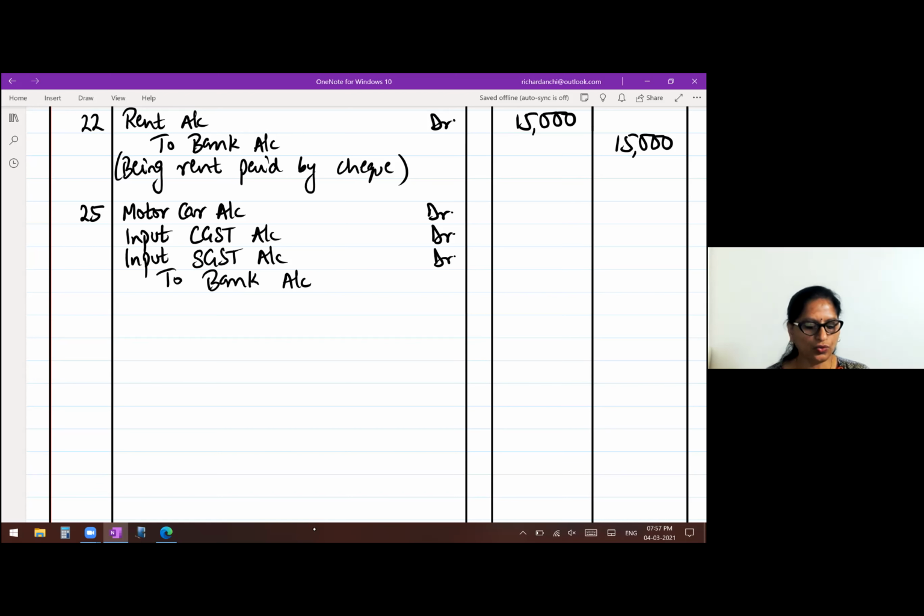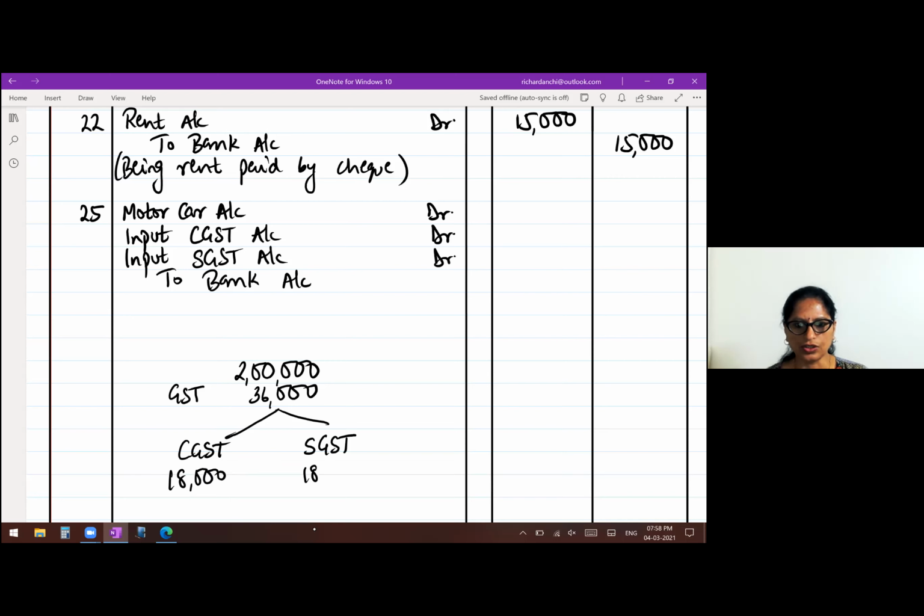Now, again, value of the motor car is 2 lakhs. 18% is the GST. So 18%, 2 lakhs, 18 will be 36,000. So you will have to split that 36,000 into CGST and SGST. So that is 18,000 each.